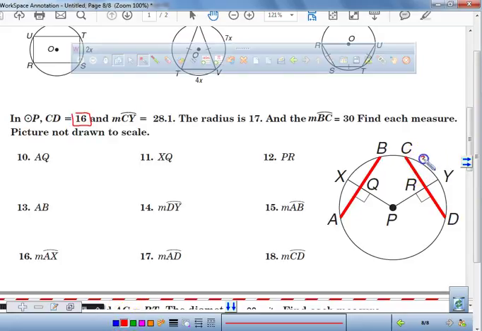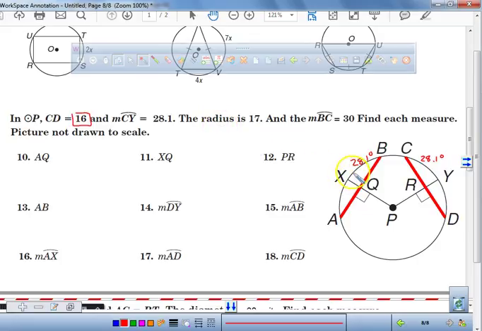So right here, we're going to write 28.1 degrees. Now, that's 28.1 degrees. So the arc of B to X is also 28.1, and the arc from X to A and Y to D would be, right?